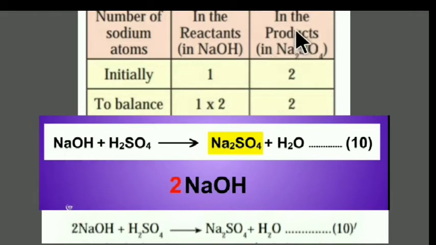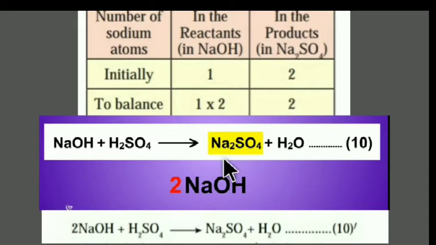In the product Na2SO4, we can see 2 atoms of Na are present. Hence we are balancing these.